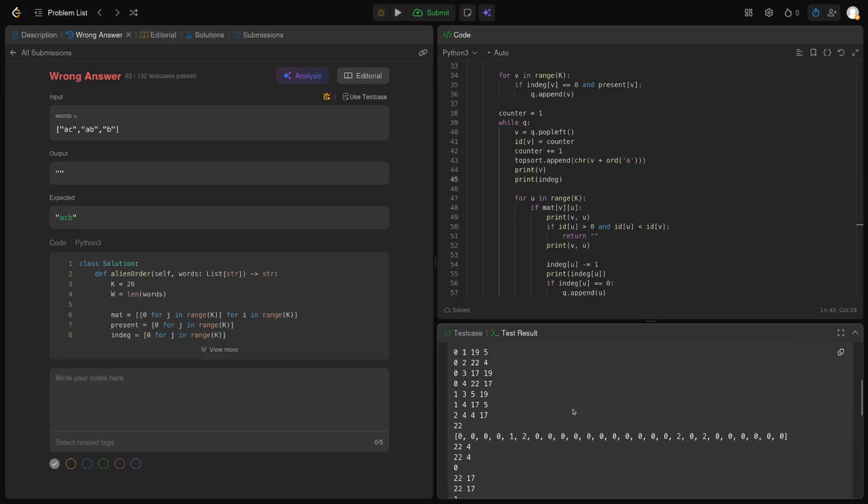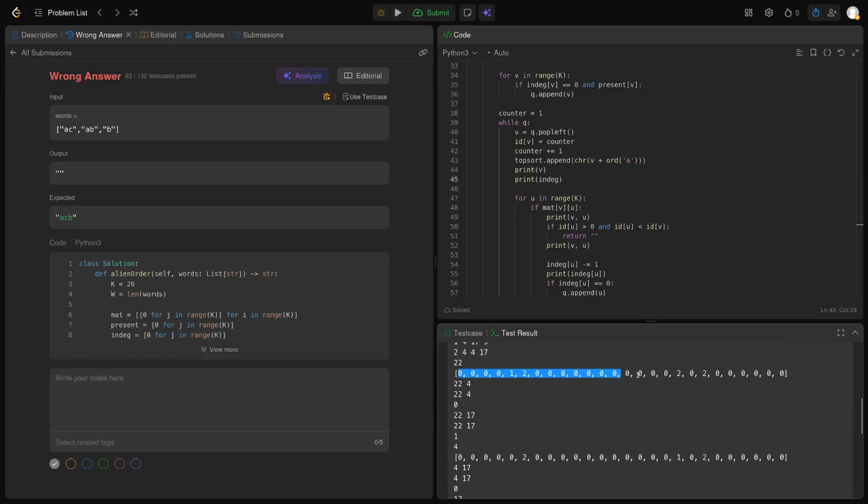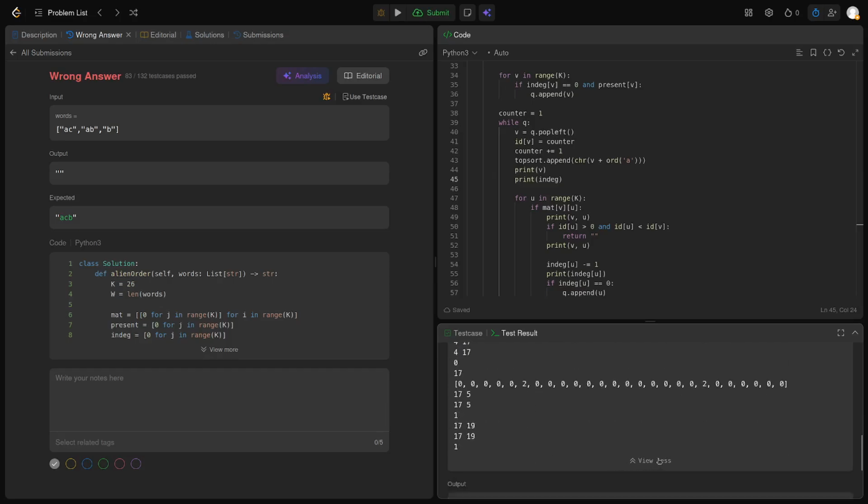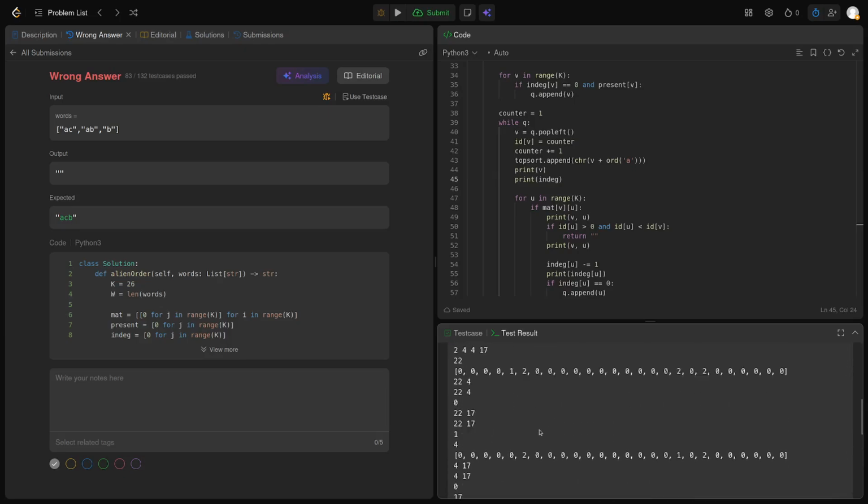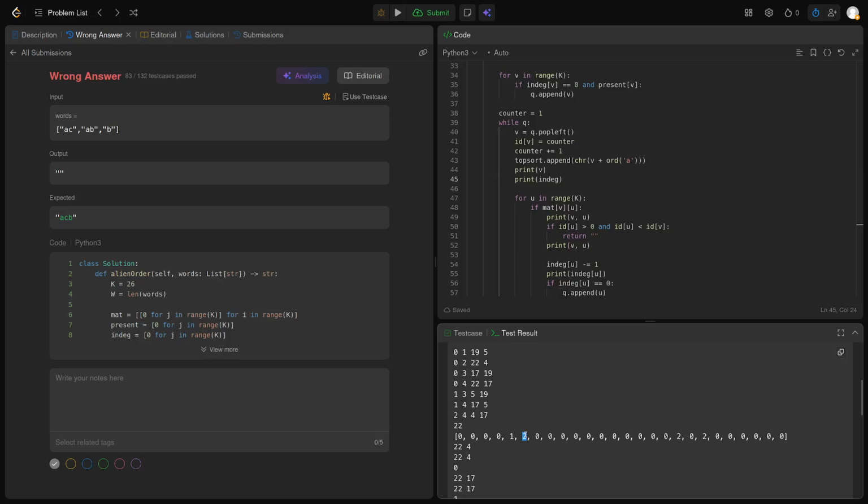What's the bug? I don't know, I'm not sure. Why is it still 2? Why is it 2, bruv?